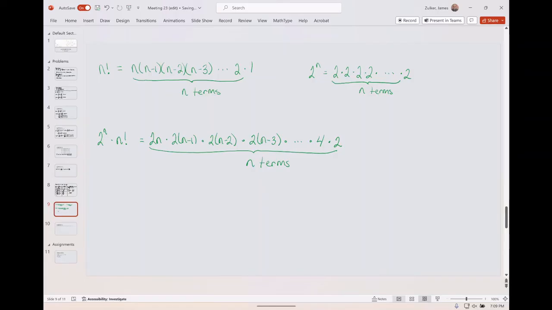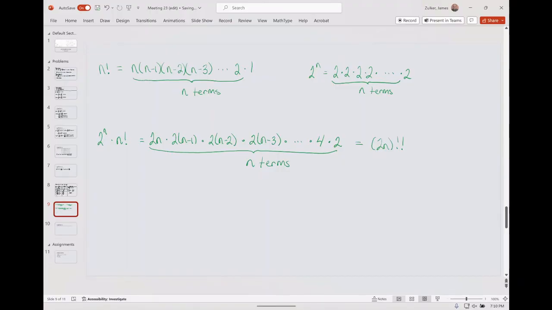What do you notice about each of those terms, though? They all have a 2 in front of them, which is the definition of what? Even. Notice it skips the odd terms. Isn't that the definition of 2n double factorial?